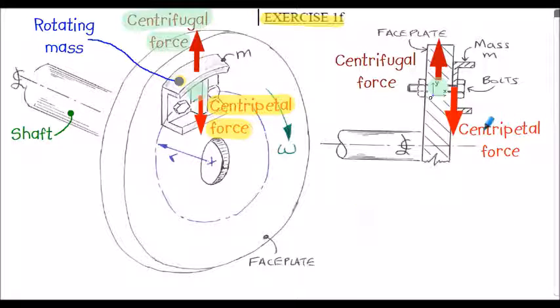If you think of the interaction between the casting, the mass, and the faceplate on the right hand side here, the bolts here must apply an inward force, the centripetal force, to cause the casting or the mass to move with circular motion. But from Newton's third law, if the bolt is applying the inward force on the casting, there must be an equal and opposite force on the faceplate, which we can consider to be the centrifugal force.